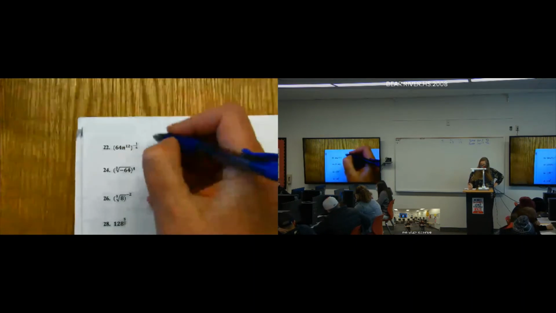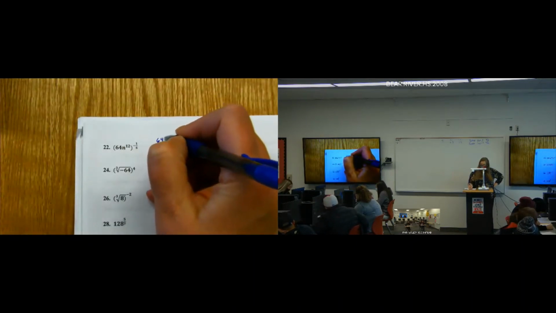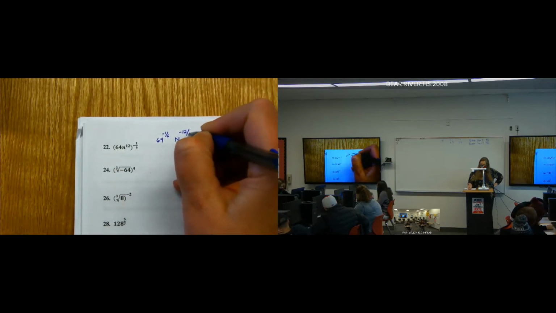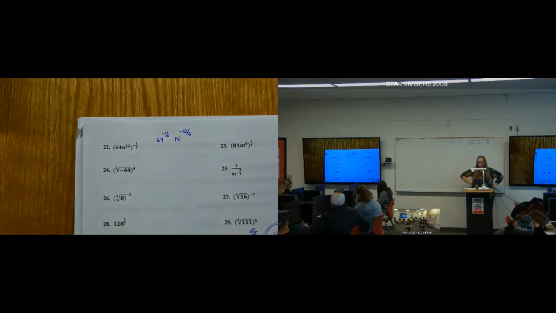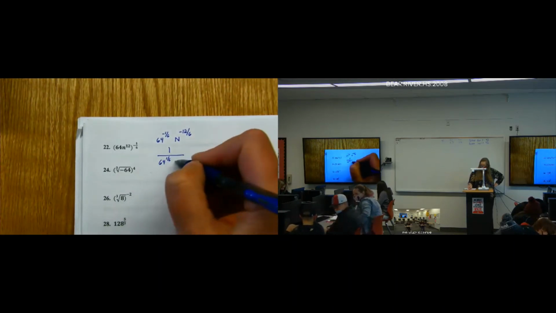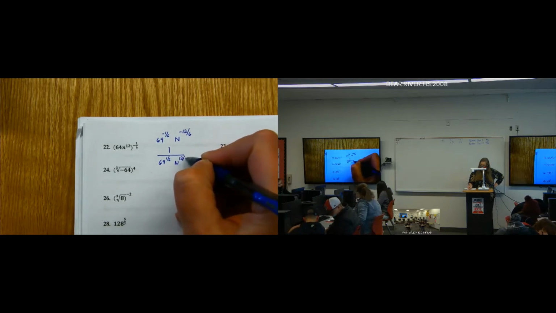Okay? So I get 64 to the negative 1/6, and I've got n to the negative 12/6. Well, now you gotta cross the line. Okay, so now I'm going to put 1 over 64 to the 1/6 and n to the 12/6. Right?